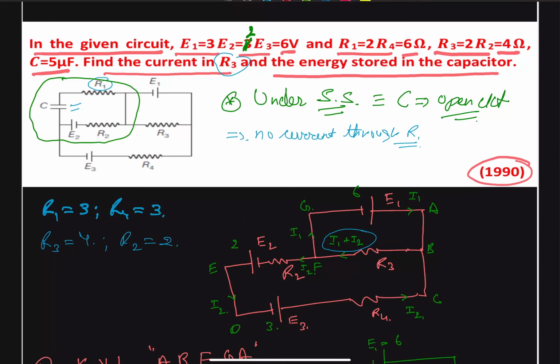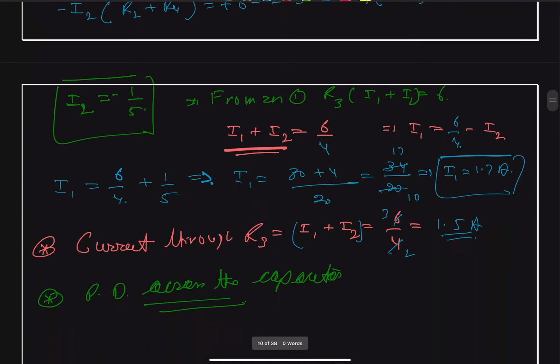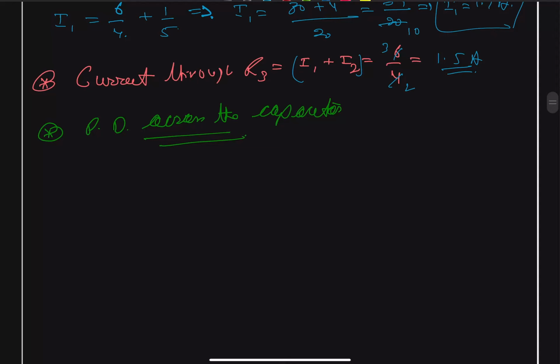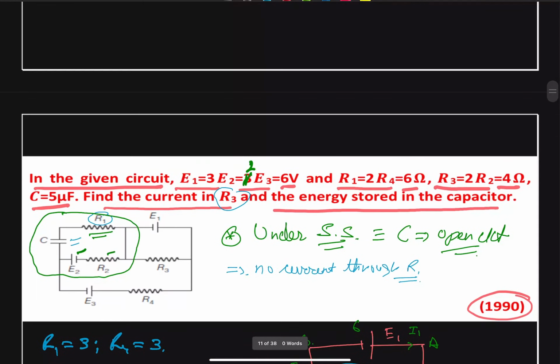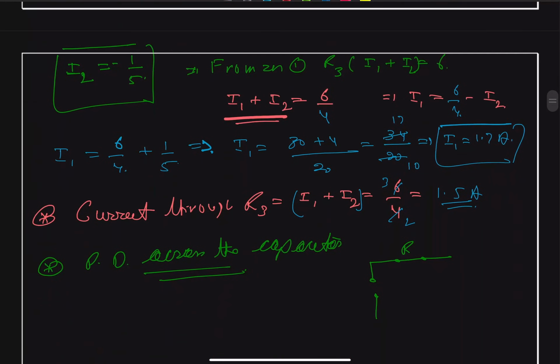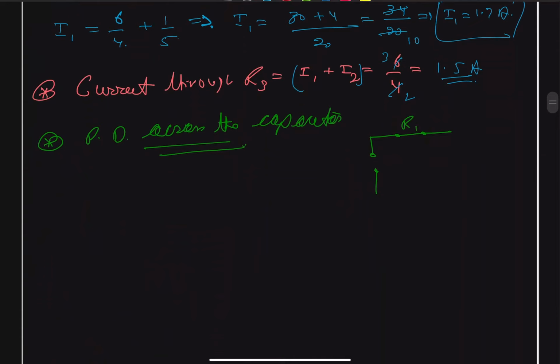No current is flowing, so this R1 is not of importance. We are only interested in our E2 as well as R2, that is a voltage drop, because I2 we already know. So we can just draw the approximate circuit for that. This is our open circuit, and here ideally we should be having a resistance, that is our R1, but as such no current is flowing, so we are just going to ignore it.